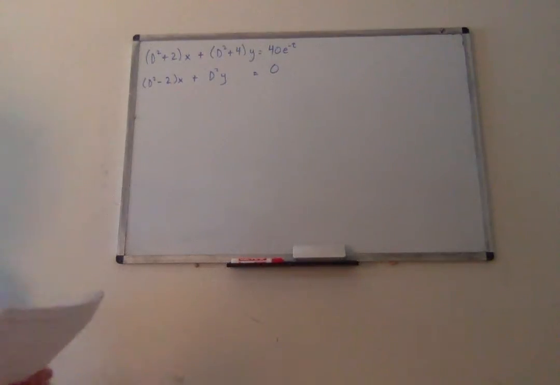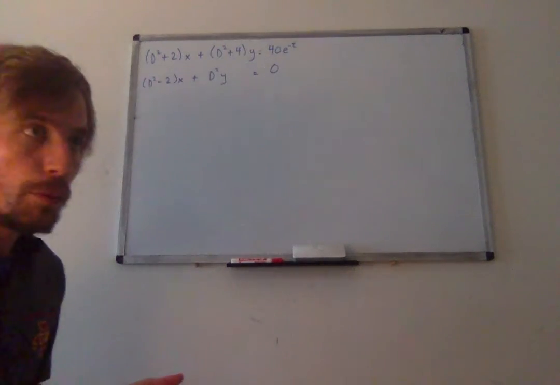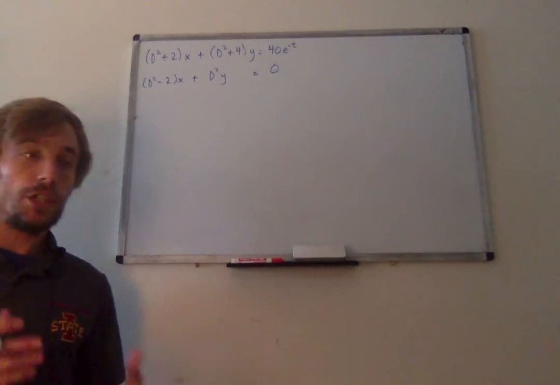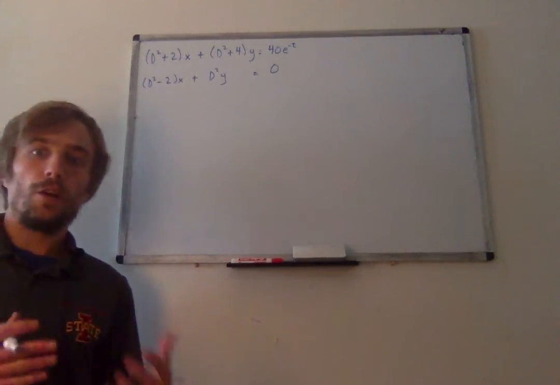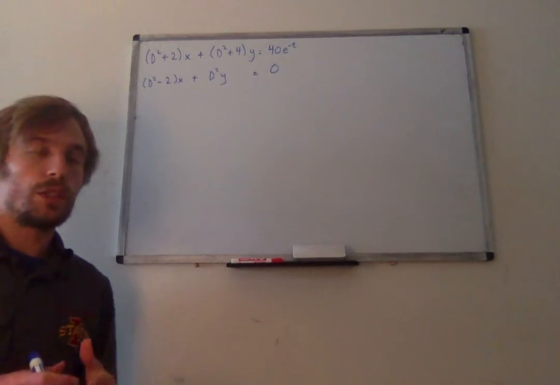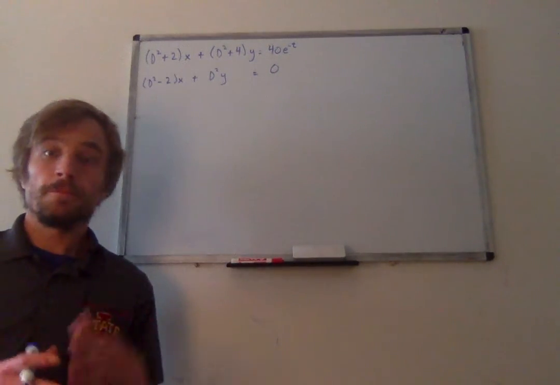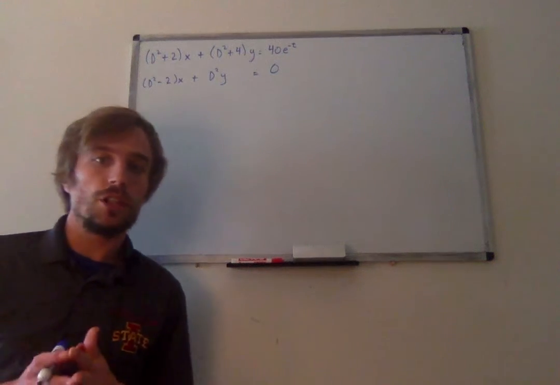First we want to calculate the operational determinant and use that to figure out how many arbitrary constants are going to appear in a general solution to this. And then we're going to go ahead and calculate the general solution.